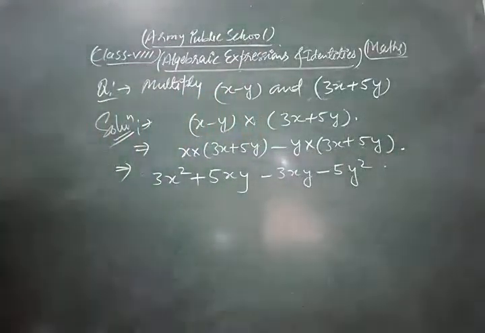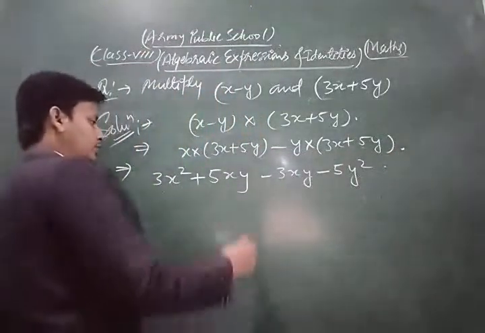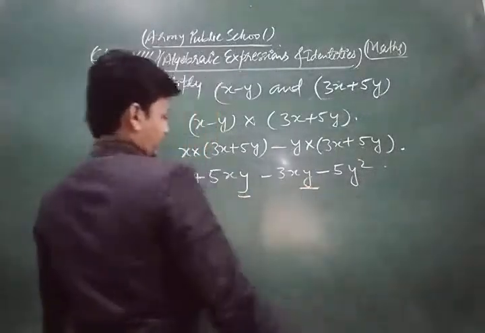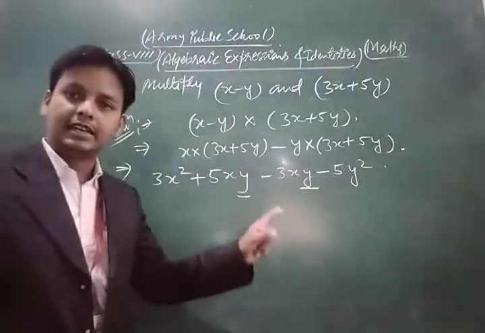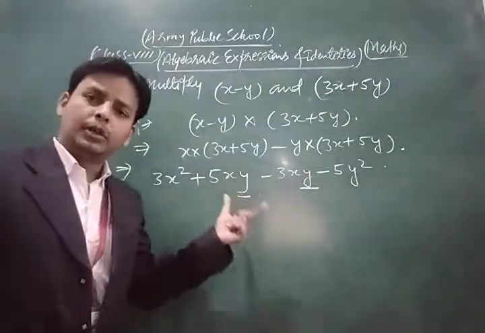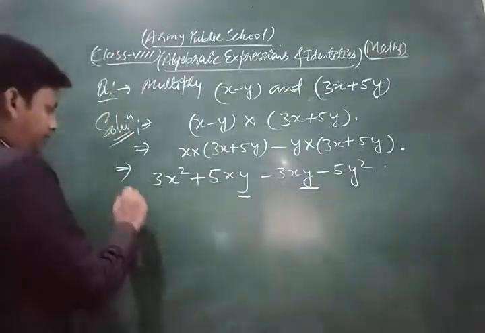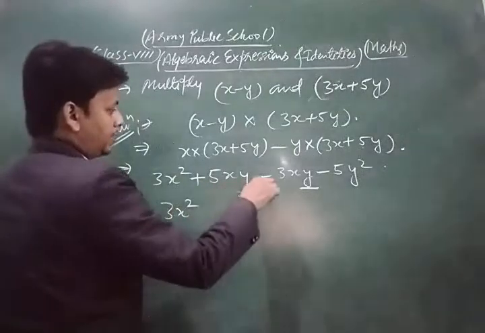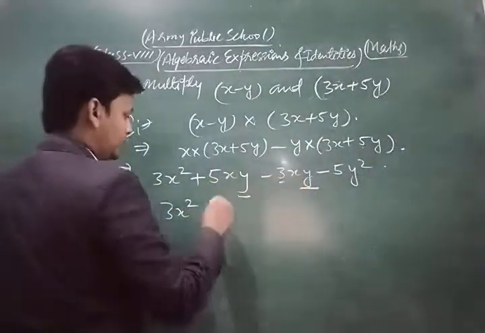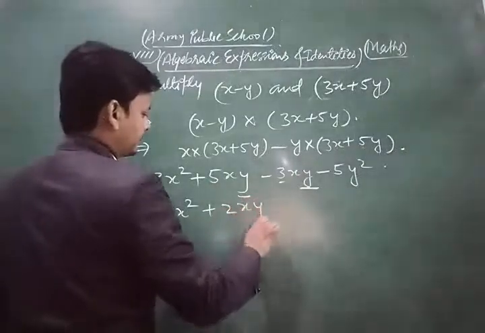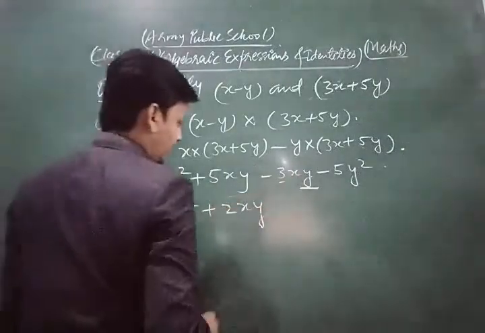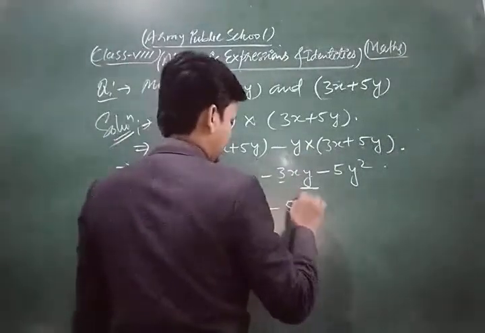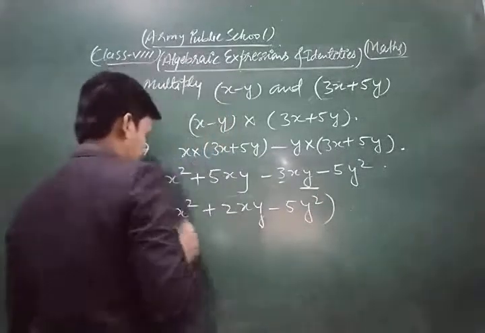Now look here, dear friend, the xy terms are like terms, so we can add or subtract. So we have 3x square, plus 5xy, minus 3xy, so we have plus 2xy, and minus 5y square as it is.